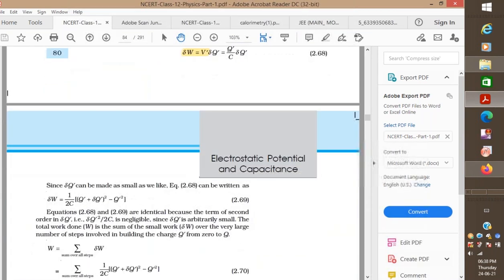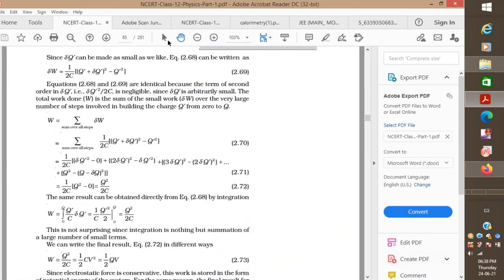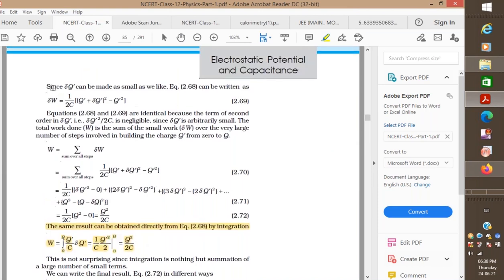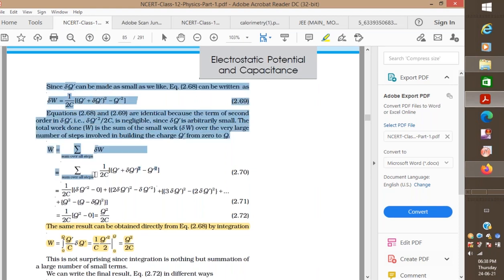But they have taken the discrete charge delta q, and you can solve in terms of summation and also in terms of integration. In fact, in terms of integration you can solve it very easily. But if you write in terms of summation, you have to come all the way up to this stage.